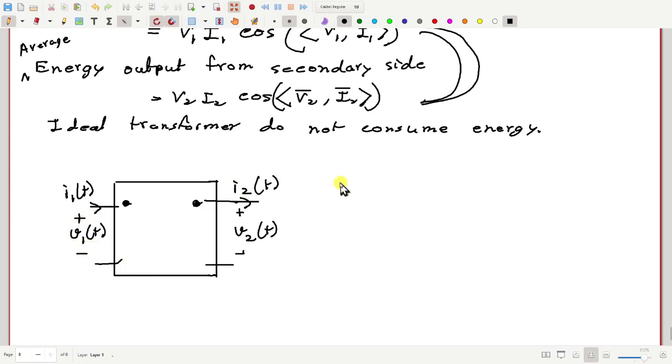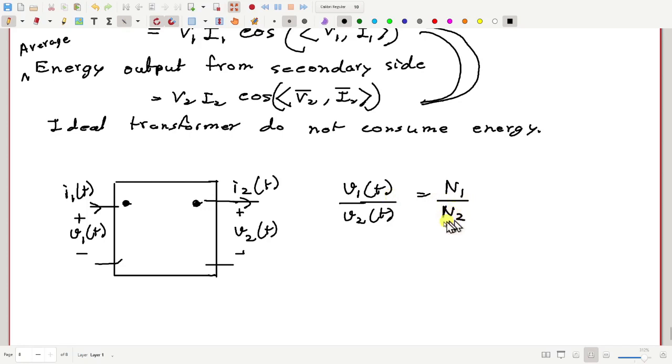Then for an ideal transformer, we also have V1 by V2 at any moment equal to, assuming sinusoidal quantities also. But do I need to assume sinusoidal quantities? No, not required.